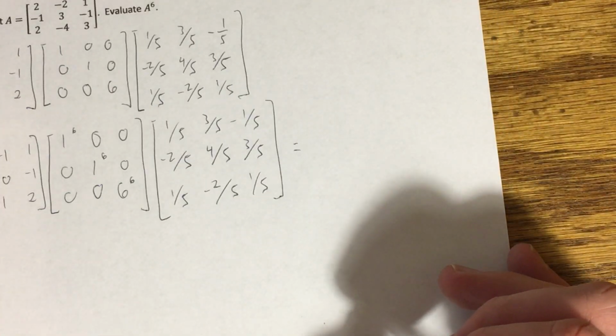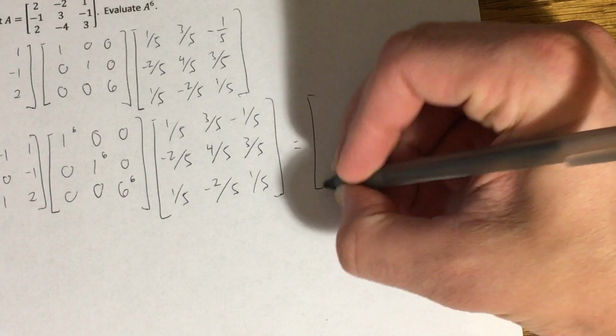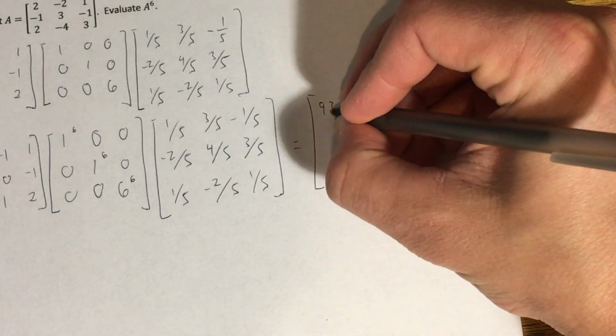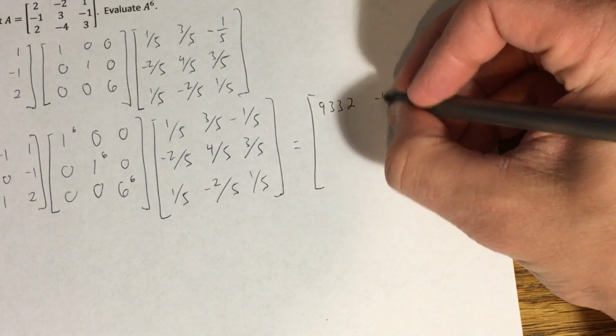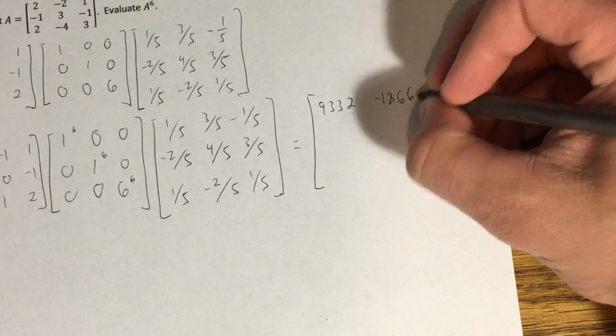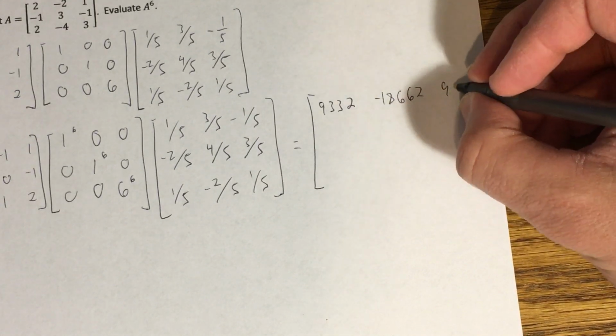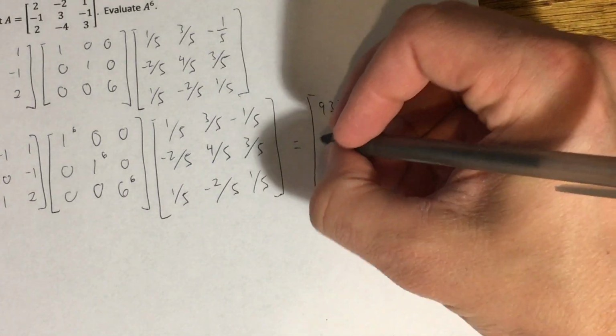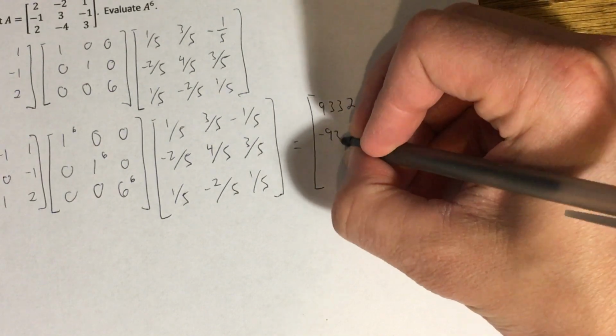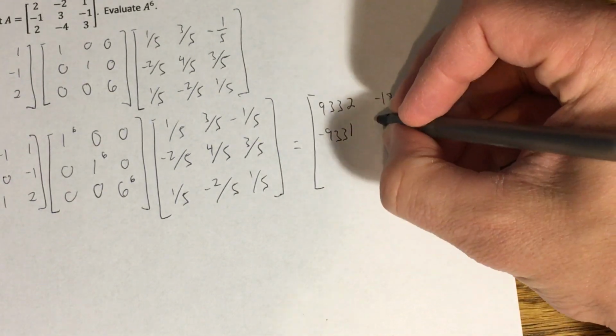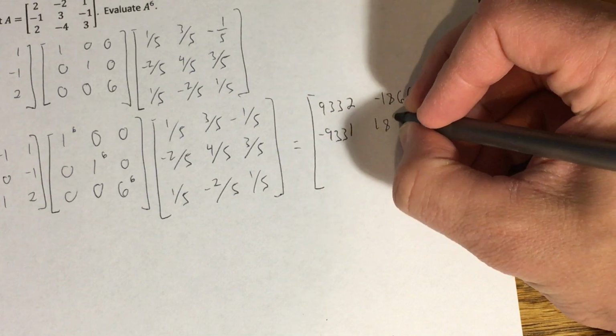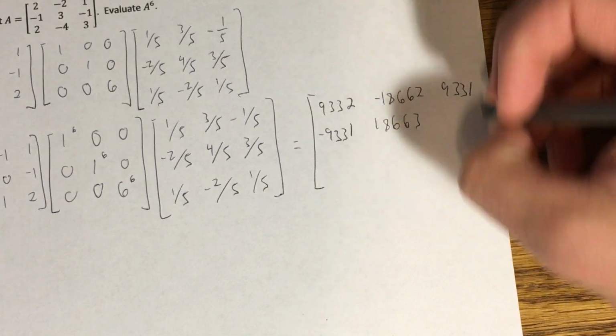This one ends up coming out to 9,332, negative 18,662, 9,331. You're going to notice a lot of these numbers look very similar to each other, and that's fairly typical. There's a reason why that happens.